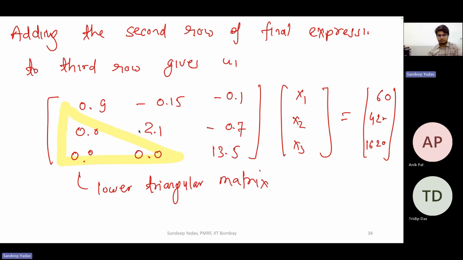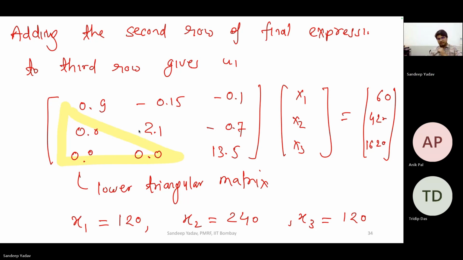If you find the solutions, in that case x1 would be 120, x2 would be 240, and x3 would be 120. Is it clear?